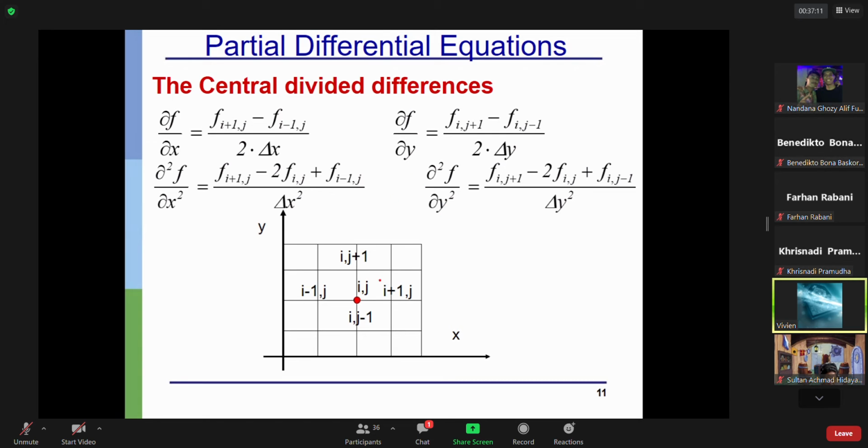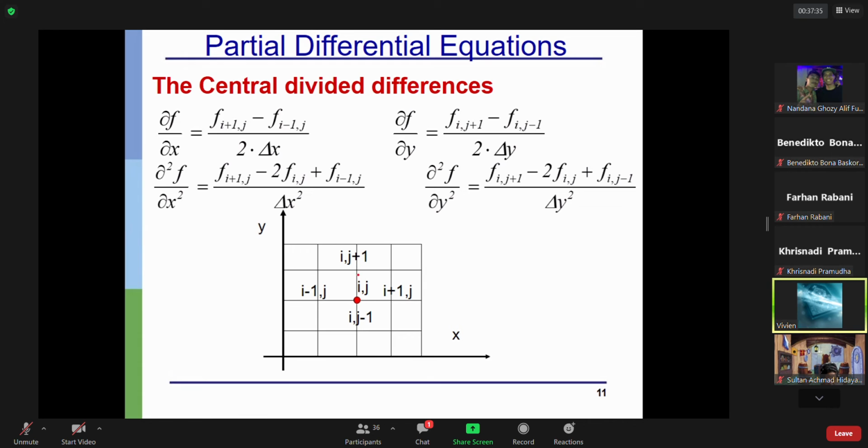So we give a notation at the point. At the point itself, it will be ij. At the point on the east side, or the right side, it is i plus 1 j. And on the left side, or the west side, we have i minus 1 j.